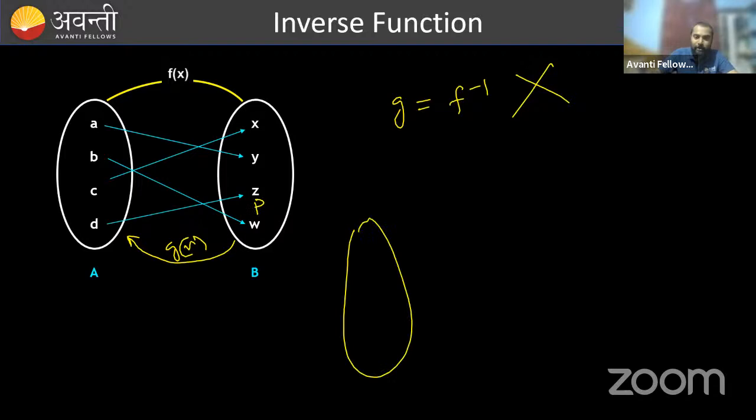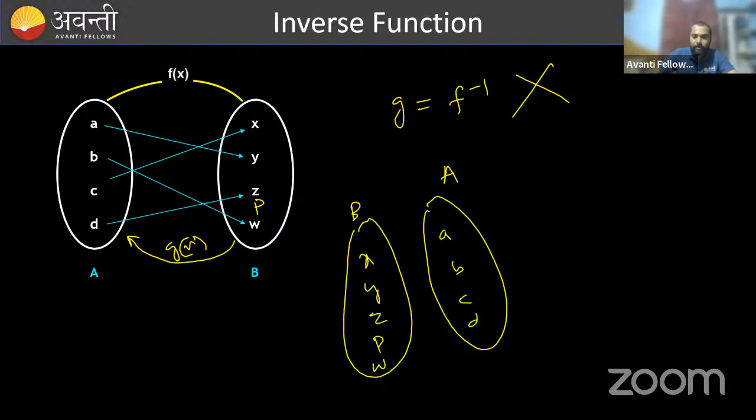Like this. Here this is my B, this is my A. X, Y, Z, P, W, A, B, C, D. X is mapping to C. Y is mapping to A. And Z is mapping to D. And W is mapping to B. In this case also, it is not a function.